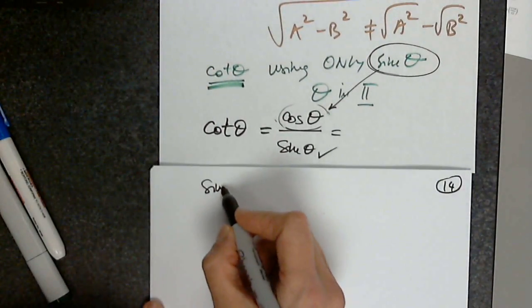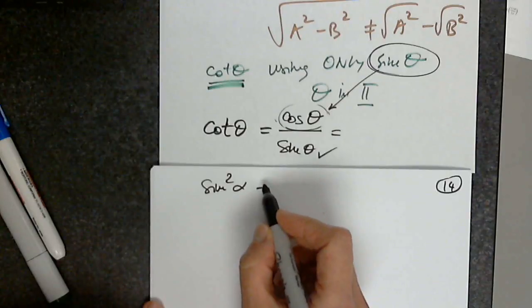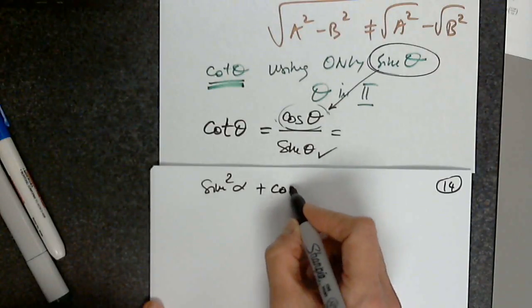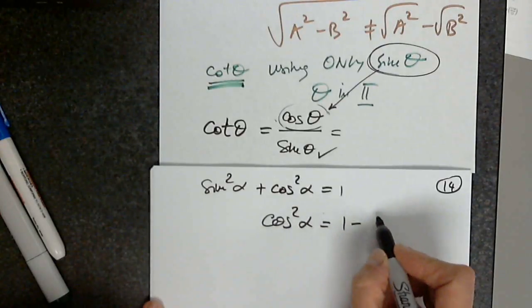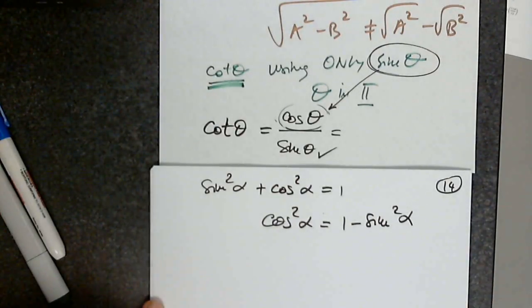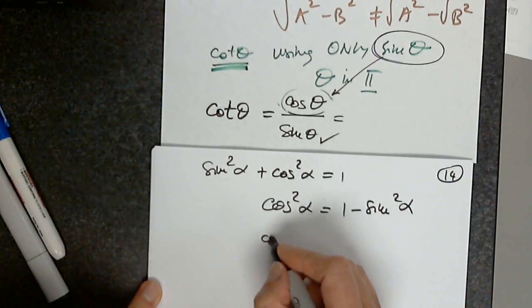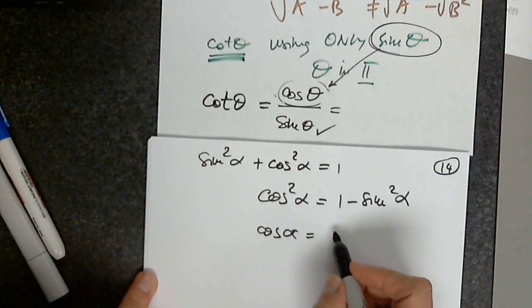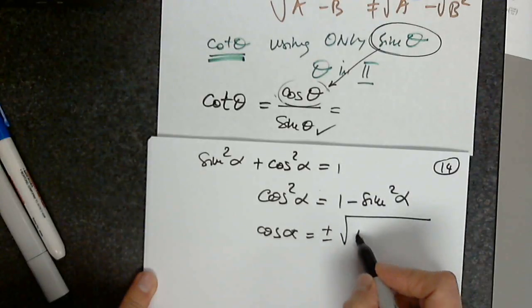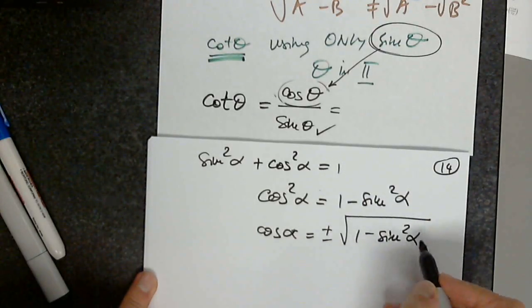So I have, yes, cosine squared. So sine squared alpha plus cosine squared alpha equals 1. Cosine squared alpha equals 1 minus sine squared. And then cosine alpha equals, yes, plus or minus the square root of 1 minus sine squared.